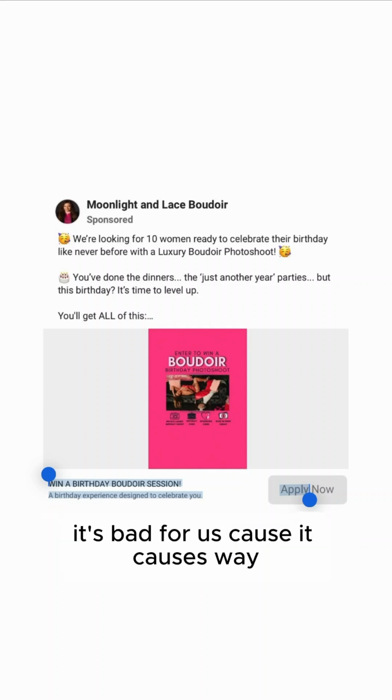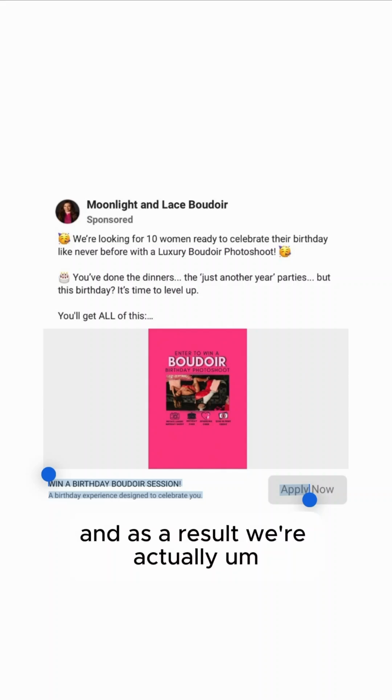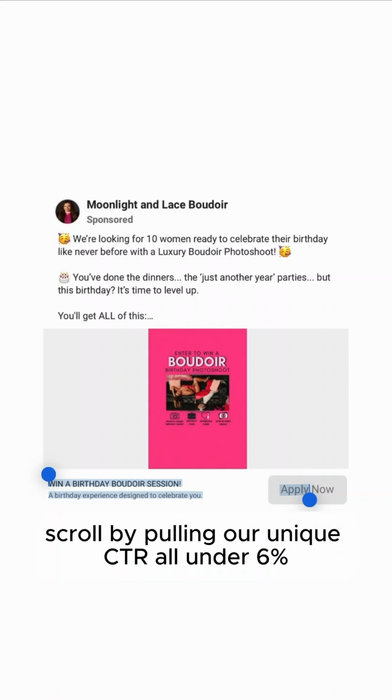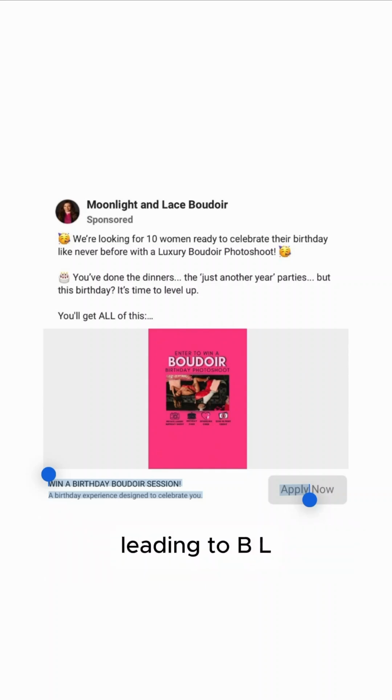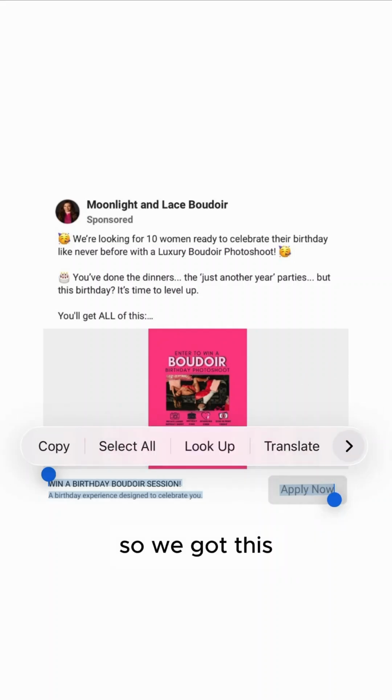It's bad for us because it causes way more women to be scrolling by our ads than necessary. And as a result, we're causing more women to scroll by, pulling our unique CTR all under 6%, leading to BLCS, Boudoir low click syndrome.